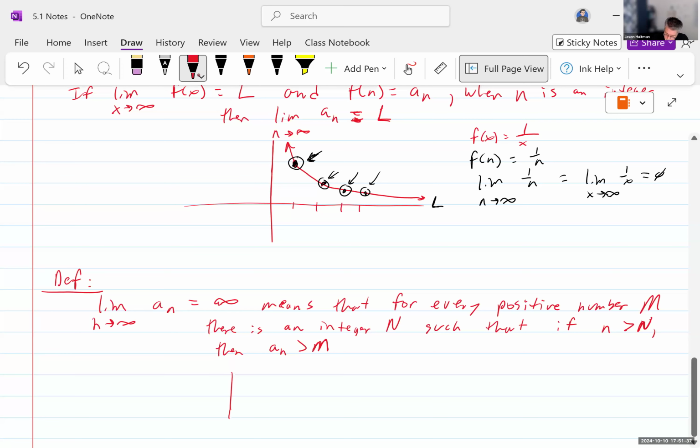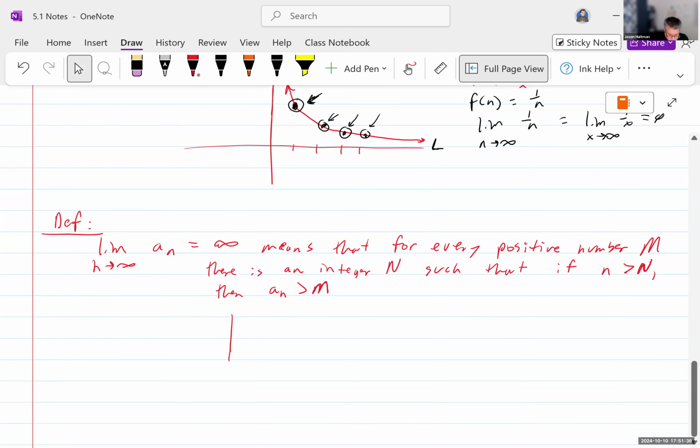What does this look like pictorially? Before, the sequence was converging to some limit; here the sequence is diverging to infinity.